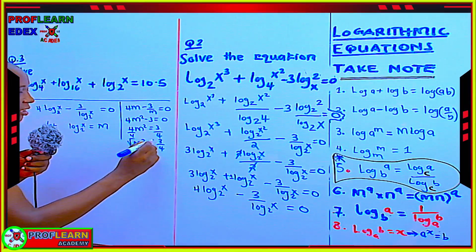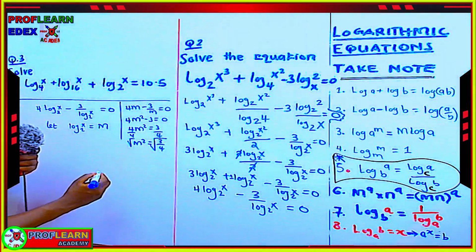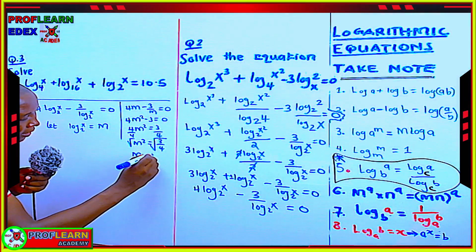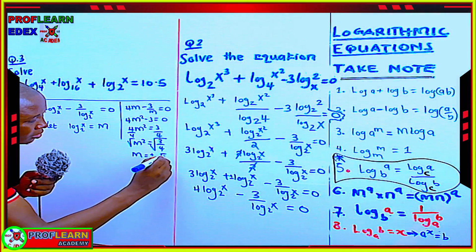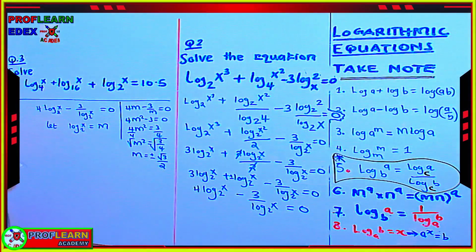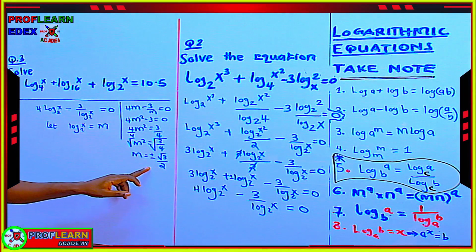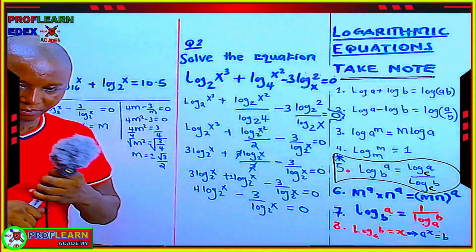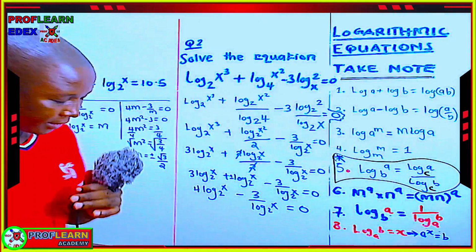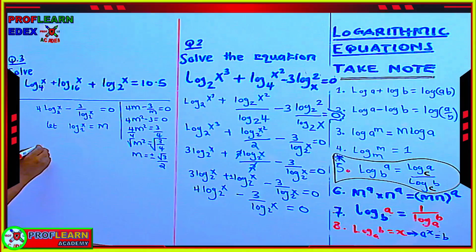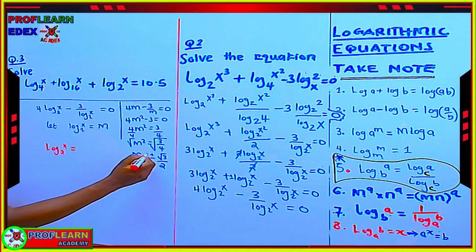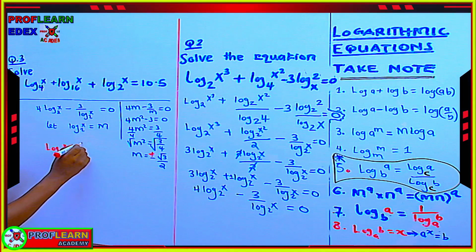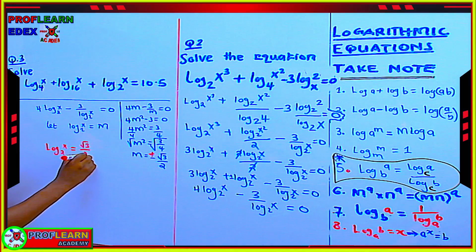Then we can find the square root both sides, and our m will be plus or minus root 3 over 2. So once we have this, we can find the value of x. The first value of x is going to be log x base 2 is equal to the positive one here, and that will be root 3 over 2.